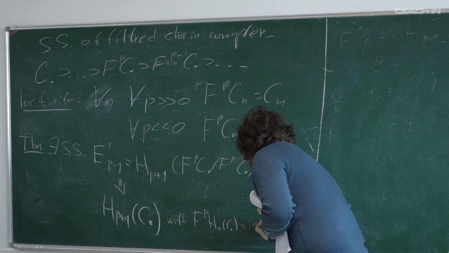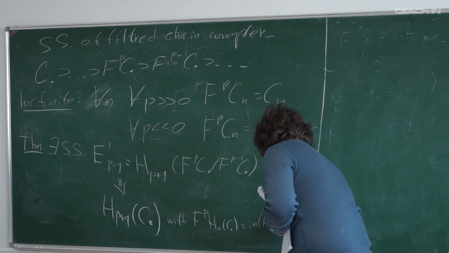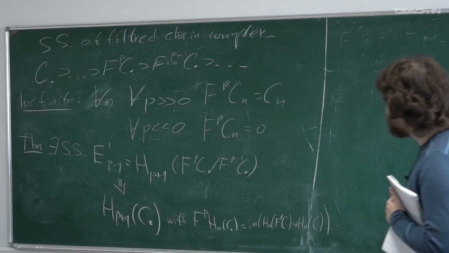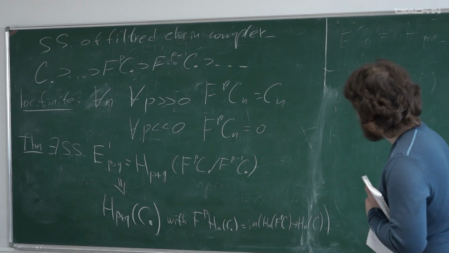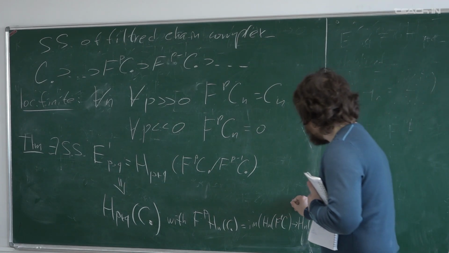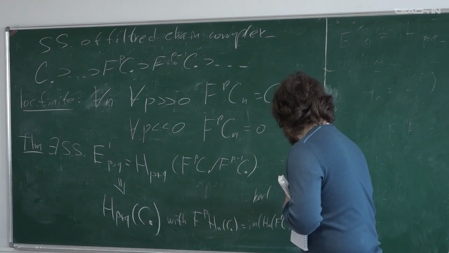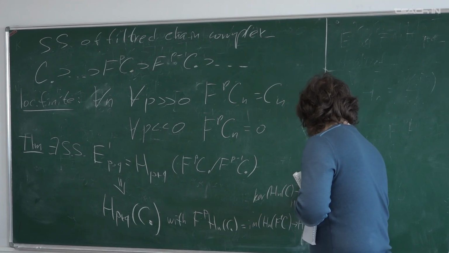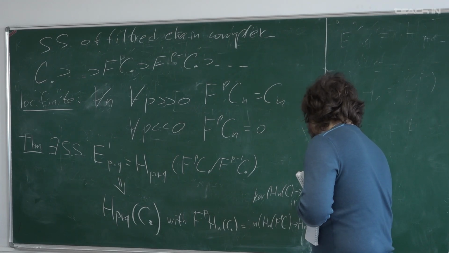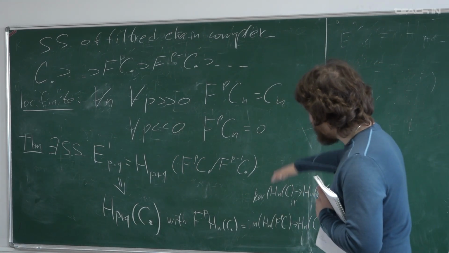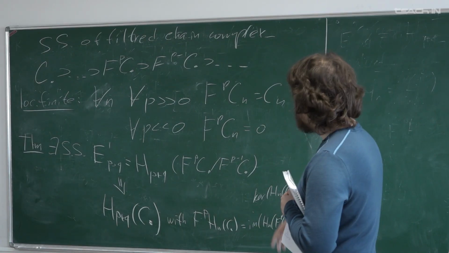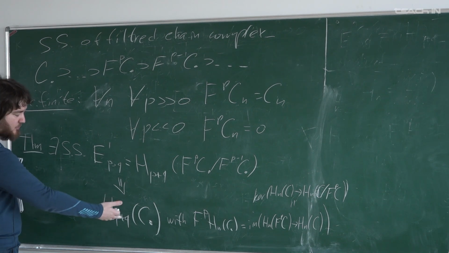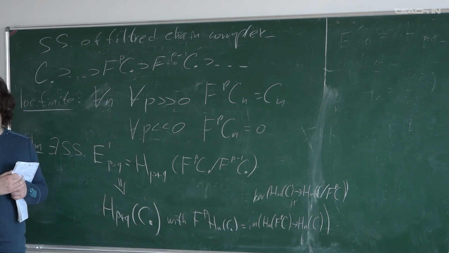By the long exact sequence in homology, it's the same as the kernel of the projection onto the quotient, if you wish. It's some increasing filtration on homologies, and I claim that quotients of this filtration are isomorphic to the infinity page of this spectral sequence.